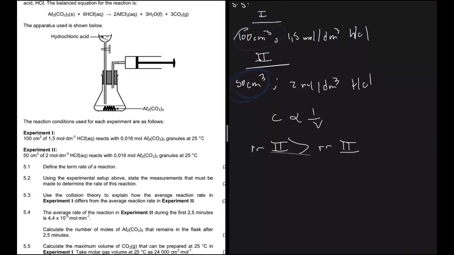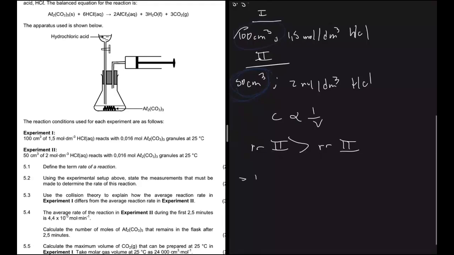Experiment 2 will take less time because there are more molecules. So to put it nicely, the first point you'd say is that there will be more HCl particles because the concentration is higher.